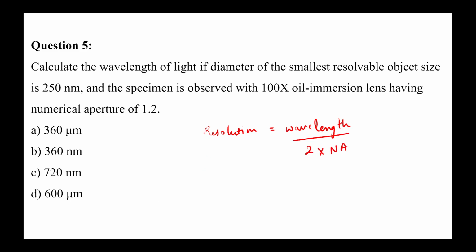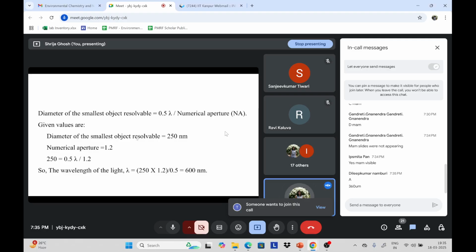We have the resolution given as 250 nanometer. We have to calculate the wavelength, and we have the numerical aperture as 1.2. So use this formula and solve it and write the answer in the chat box.